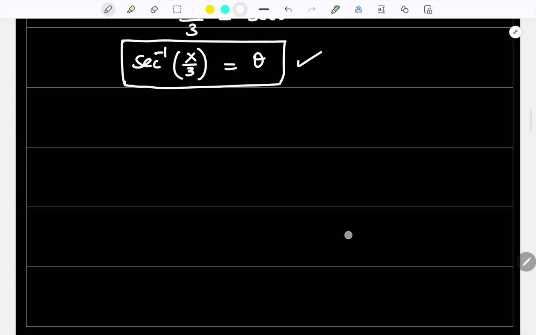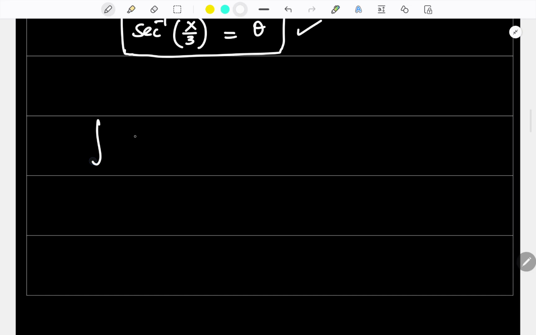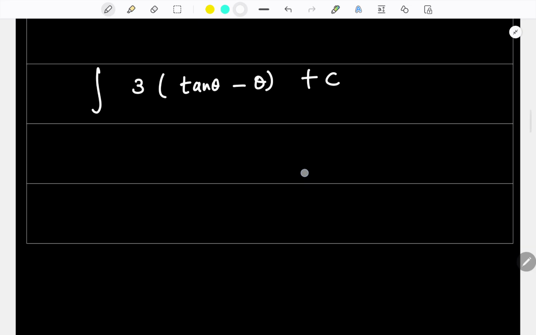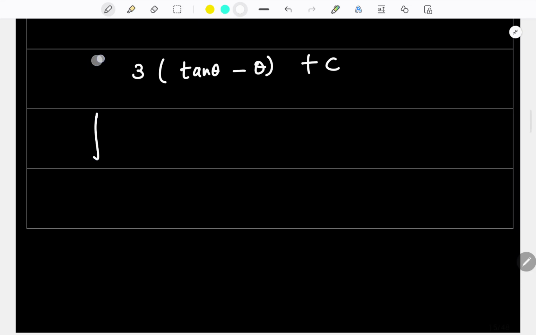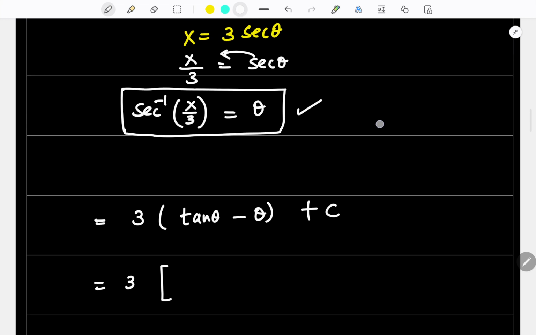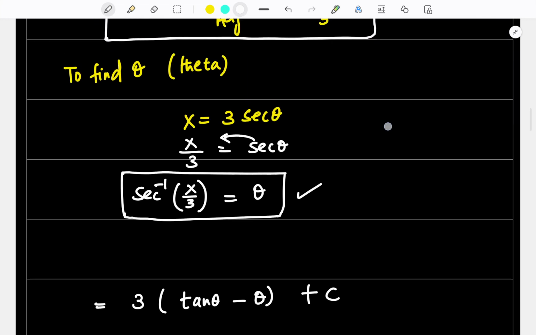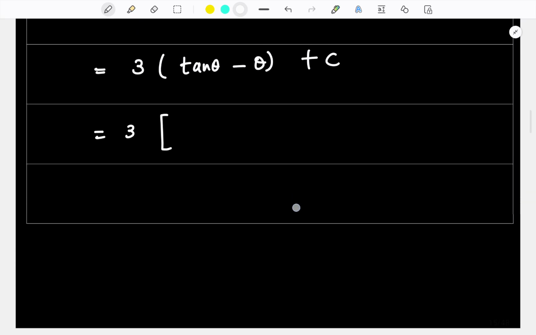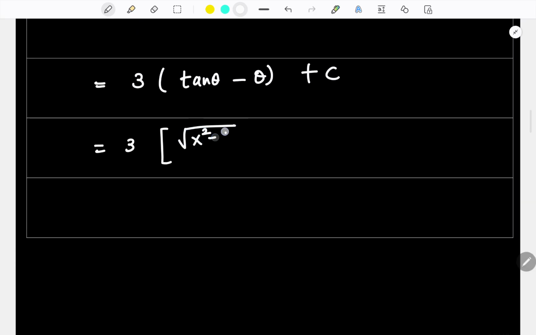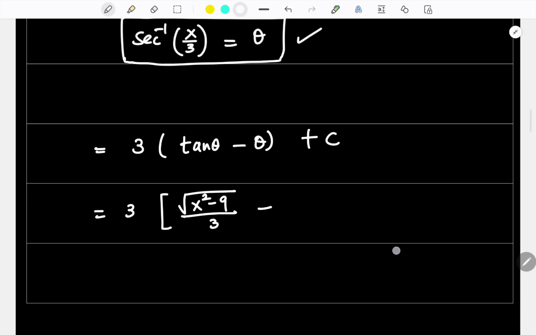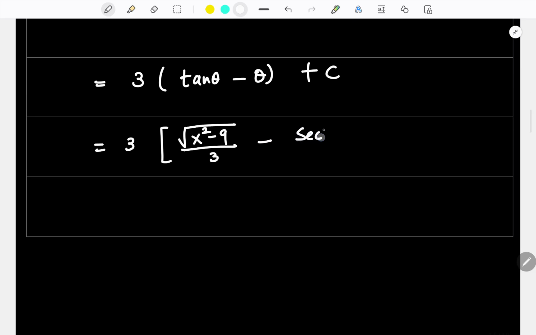Let us put it in the answer. Your answer is 3 times tan theta minus theta plus integrating constant c. So this equals 3 times tan theta, which is square root of x square minus 9 divided by 3, minus theta, which is secant inverse x by 3, plus integrating constant c.